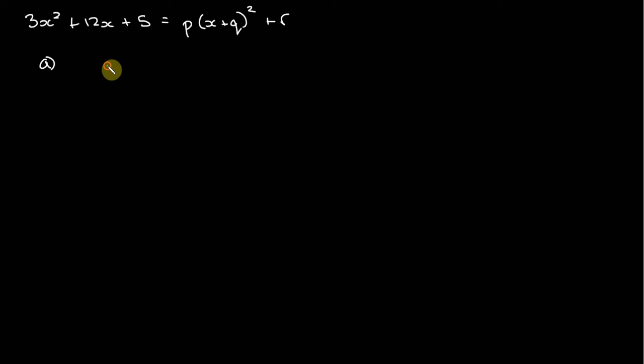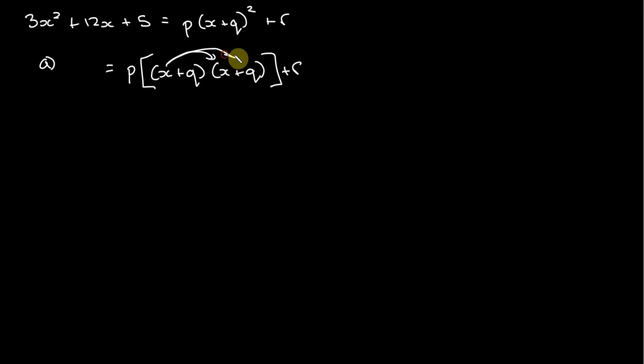I'll write it this way: (x plus q) squared is just (x plus q) times (x plus q), and then we've got our unknown variable r. You can just think of it as foiling this out, or the distributive property twice, however one wants to think about it.